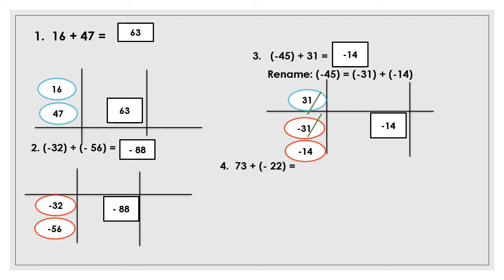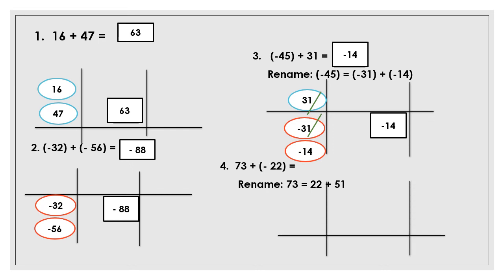Number 4, we have 73 plus negative 22. So we rename 73 as 22 plus 51 because we have to get the additive inverse of negative 22. So using the seeds diagram, we have 22 here at the upper portion and then 51.